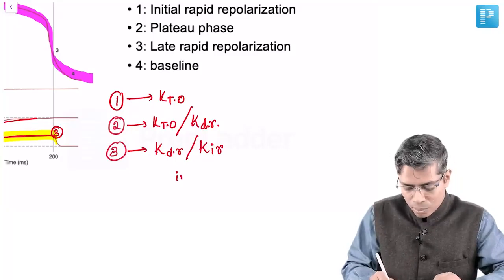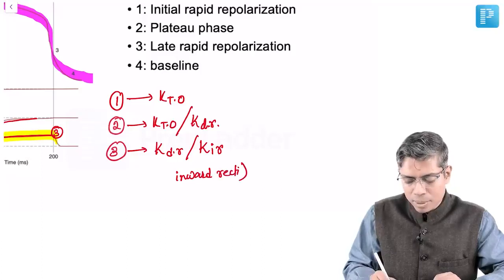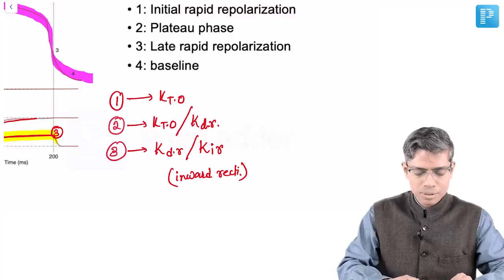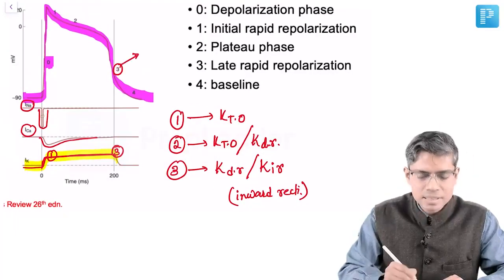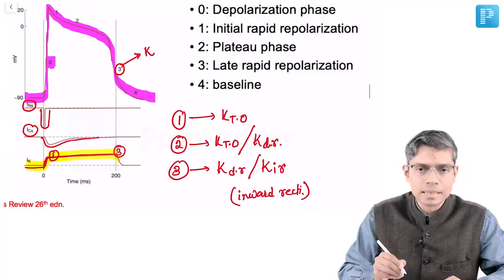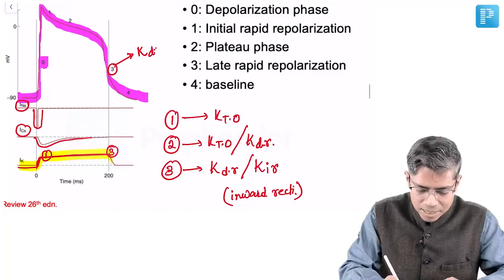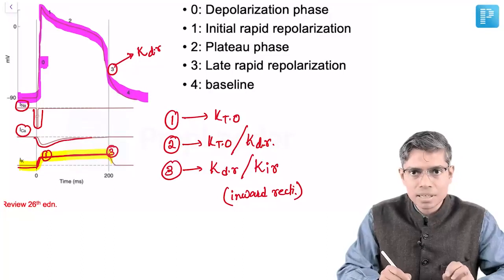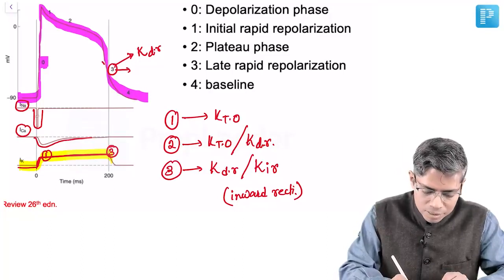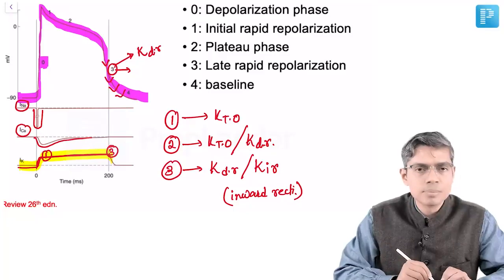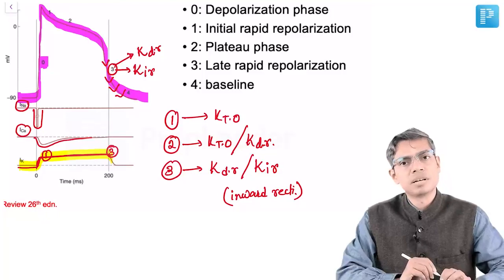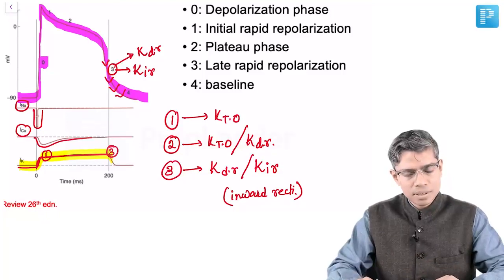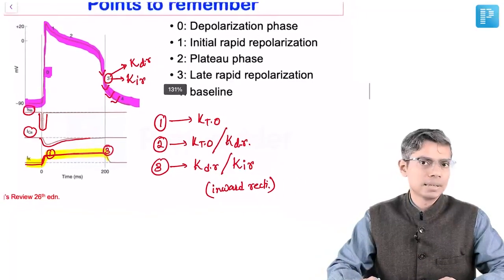I stands for inward rectifier potassium channel, which will also open up. So if I ask you what is the ionic basis of this phase number 3, your answer is potassium exit, which is exiting through the delayed rectifier type of channel, that is KR or DR, and whenever it is going close towards the resting membrane voltage, more and more IR type of channel will open up. What is this? IR stands for inward rectifier channel, right?